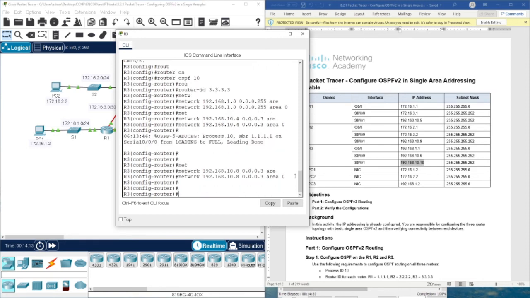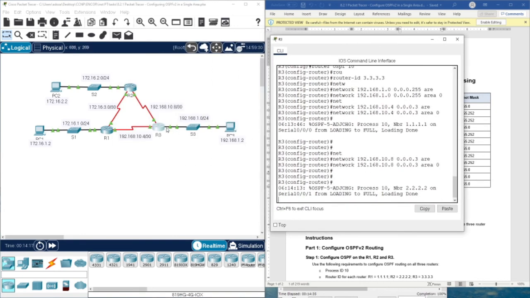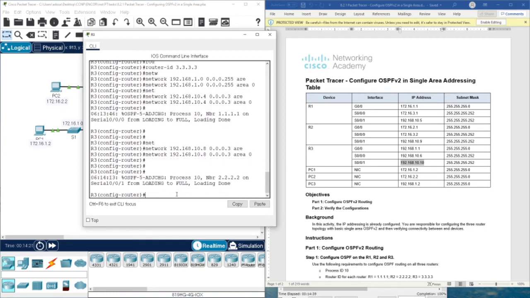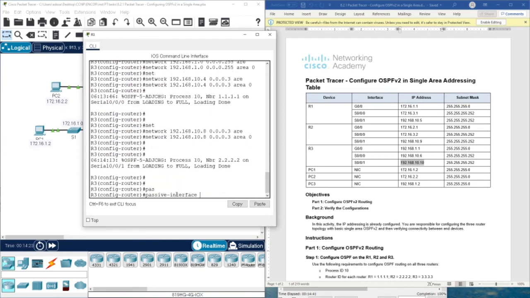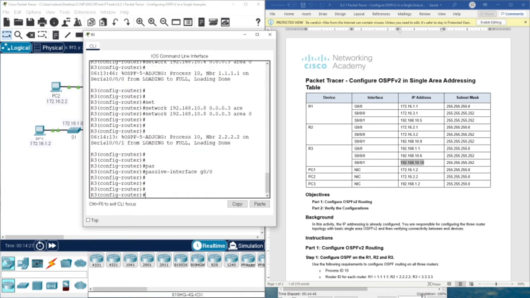And of course, which one is going to be passive here? This one here, which is gigabit Ethernet 0/0. So passive-interface gigabit Ethernet 0/0. Okay, as you can see, my completion is 100.